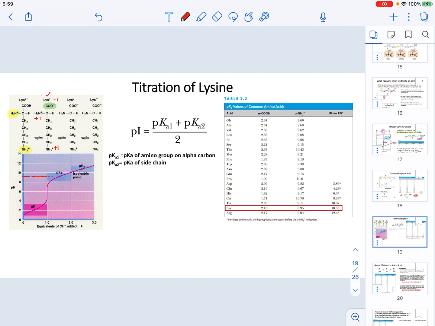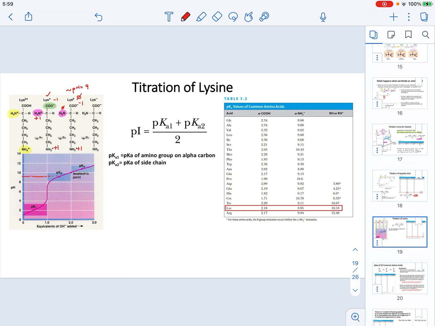So once I have reached a pH of 9, notice that around pH of 9, now I'm losing the proton that was present in the amino group that was next to the alpha carbon. Now, if I keep track of my charges overall in the molecule, this is -1, this is 0, this is +1. Oh, so at this point is where we have created our overall 0 net charge.